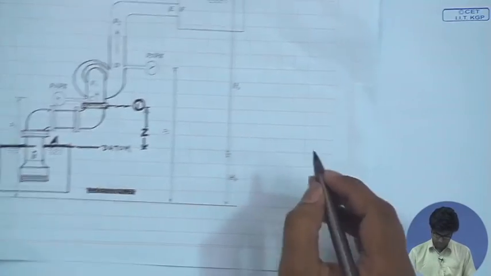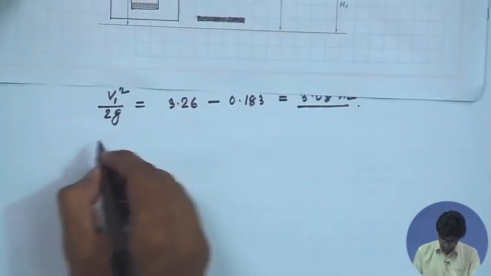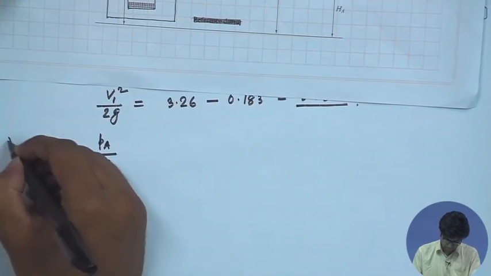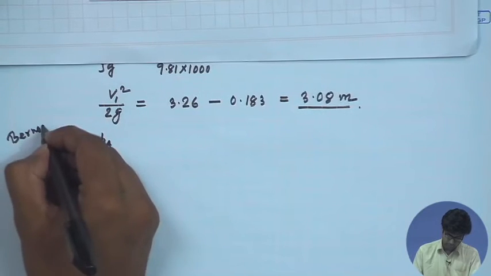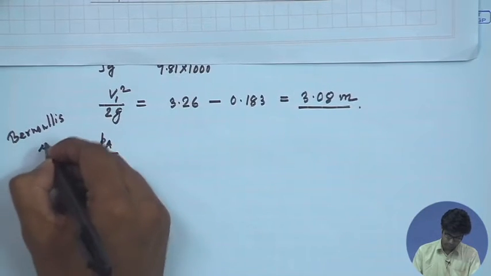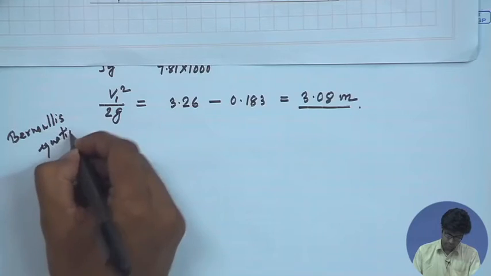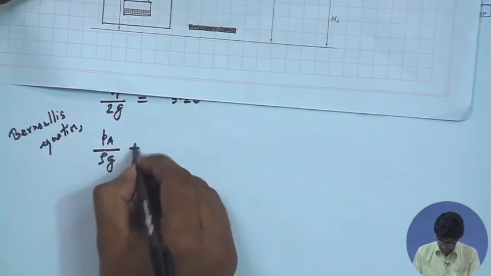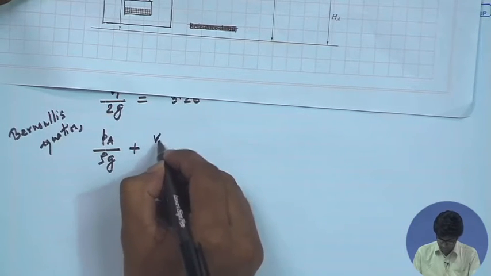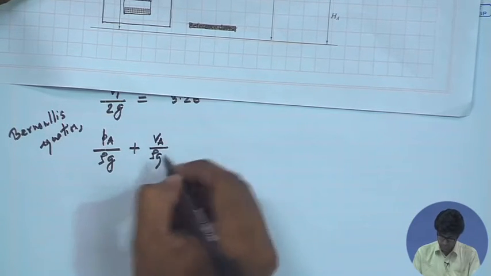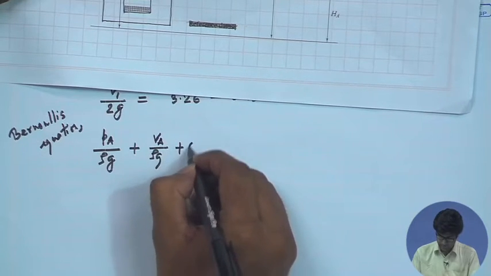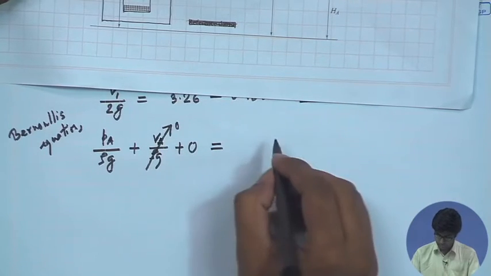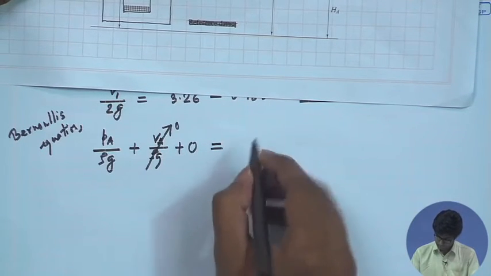Bernoulli's equation: P_A by rho g, that is the pressure head at the reservoir, plus the velocity head at the reservoir, plus the elevation, which is 0, as we already talked about. The velocity at the reservoir level is also 0.